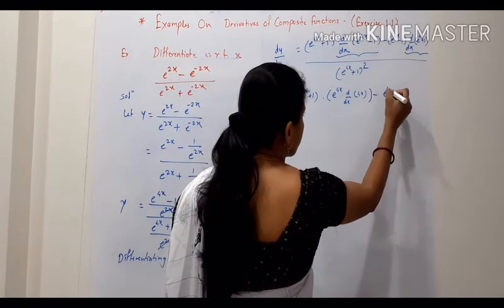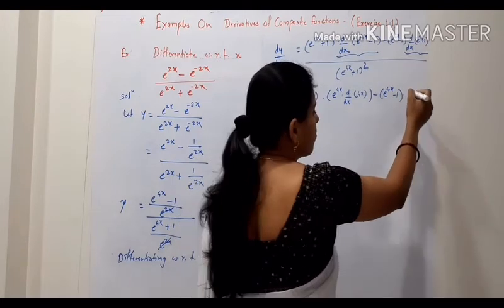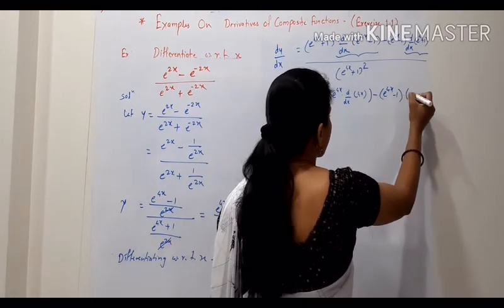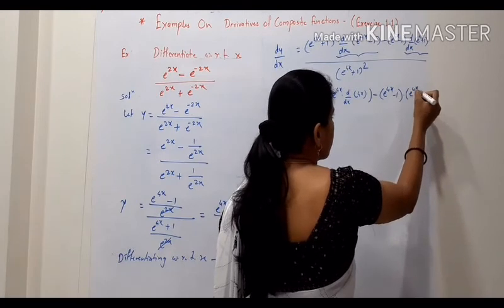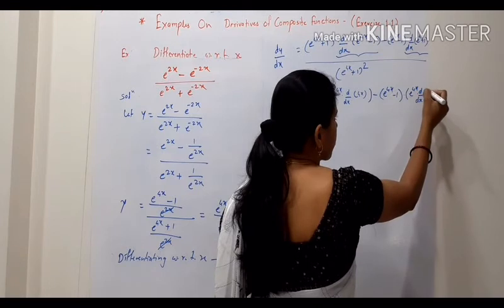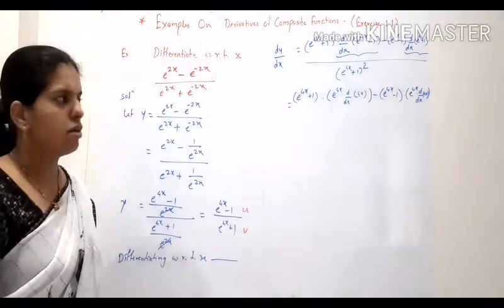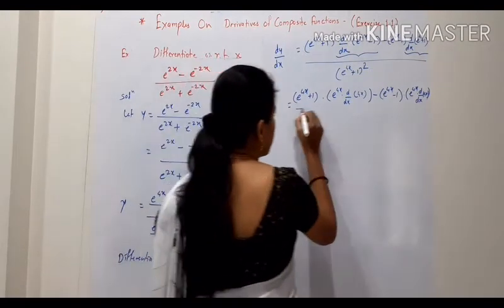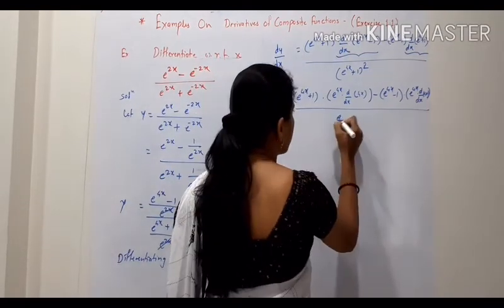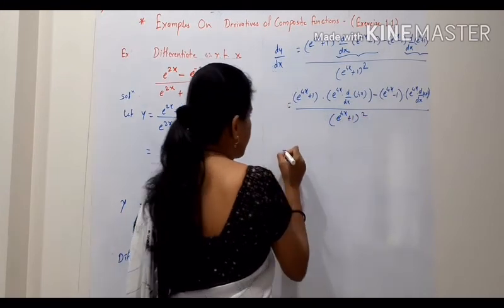Minus e raised to 4x minus 1 into, again by the same rule, derivative of e raised to 4x, e raised to 4x multiplied by derivative of 4x, and plus derivative of 1 is 0, divided by e raised to 4x plus 1 bracket square as it is.